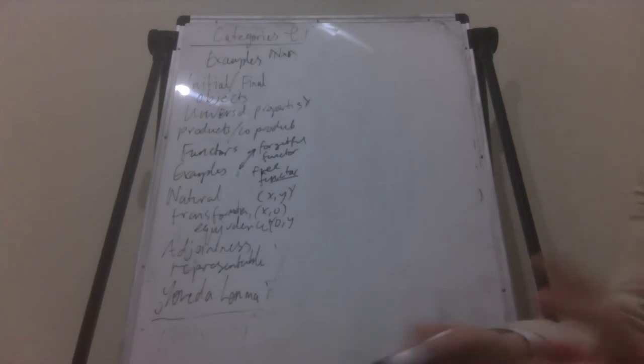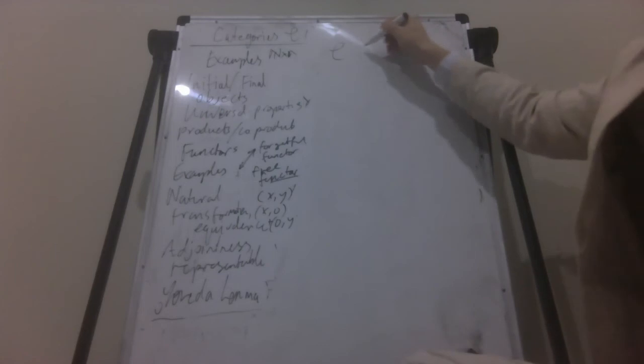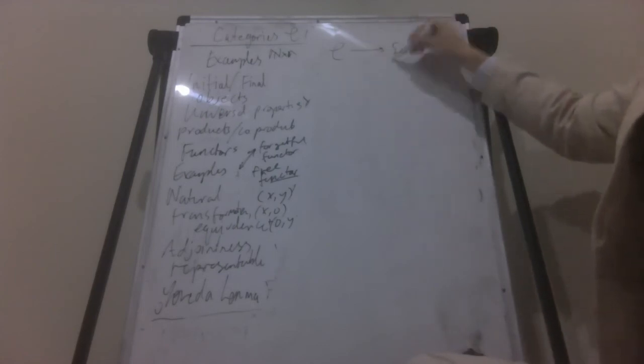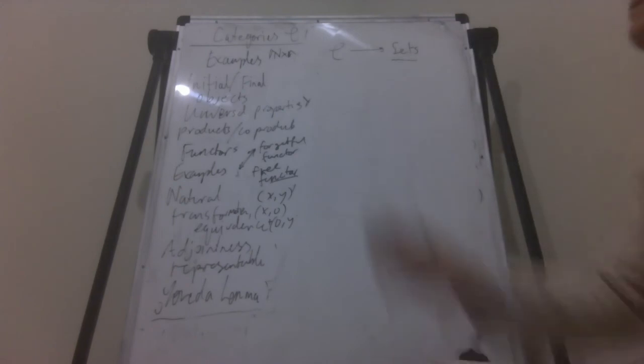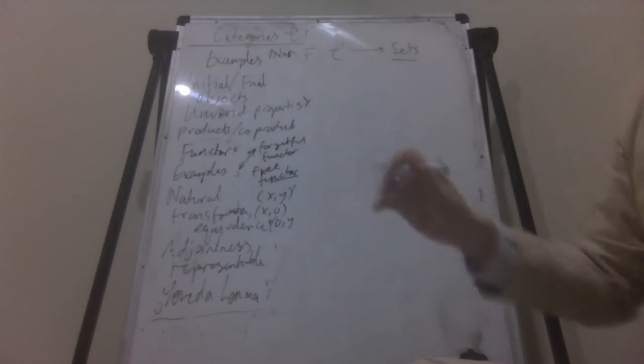Okay, so you have some idea what natural transformations are, right? The relationship between functors, okay? So if you look at a functor between a category and the category of sets, call that F, yeah?